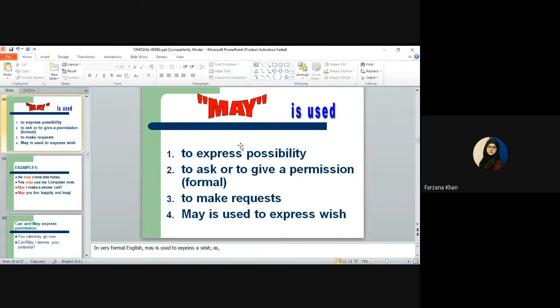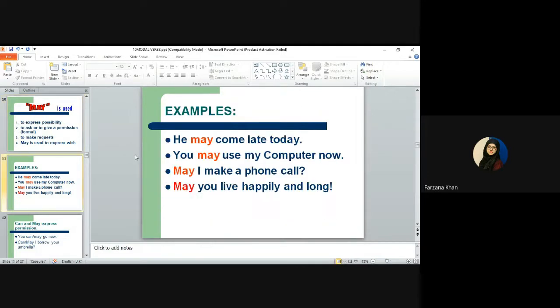The first rule: may is used to express possibility. He may come late today means there is a possibility he may come late. Similarly, you can also say he can come late, but there is no surety that he will come late. You are using may to tell the possibility, not the surety.